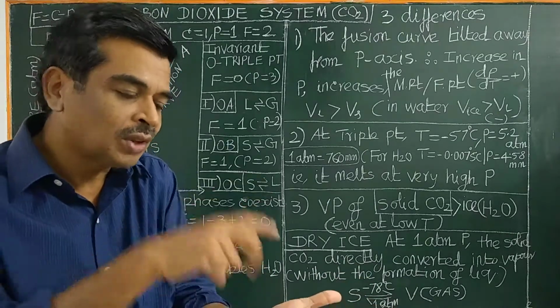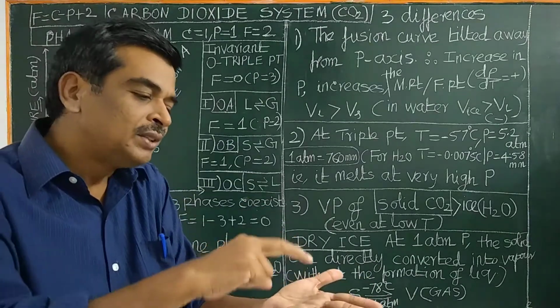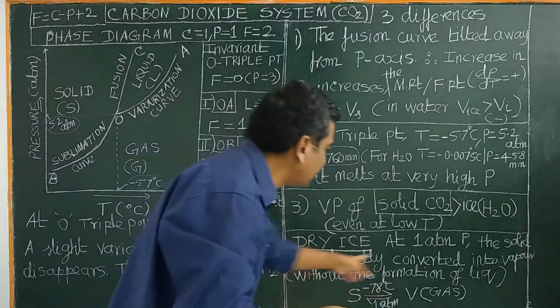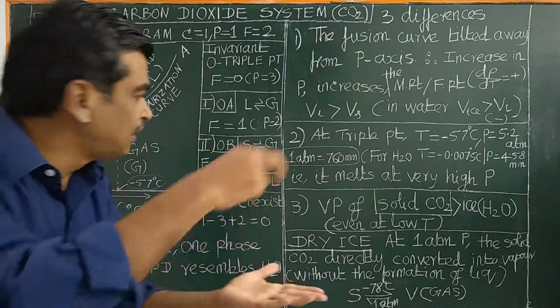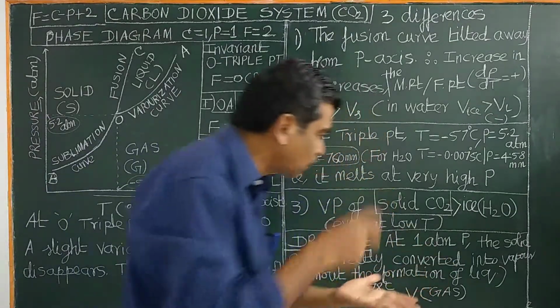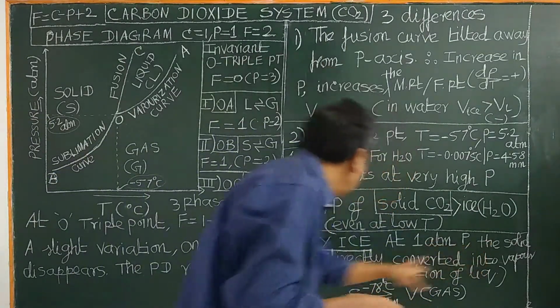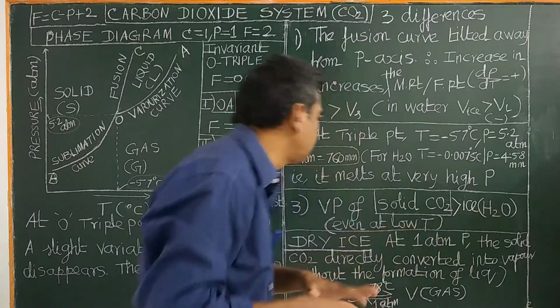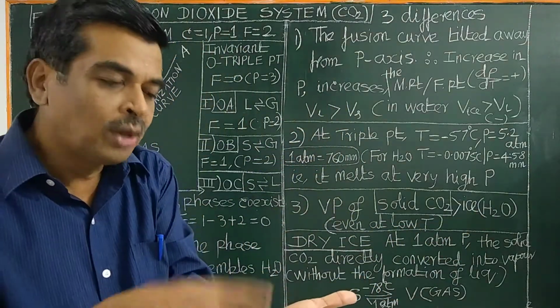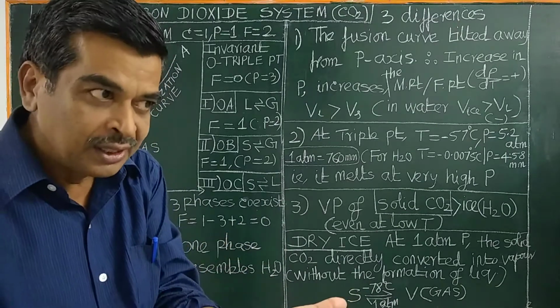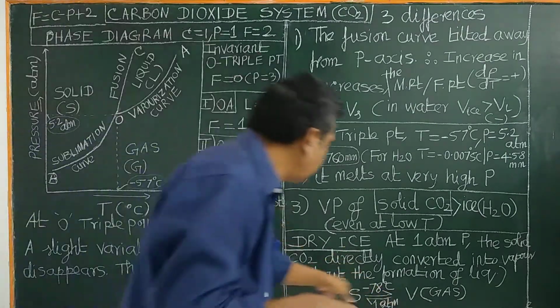Whereas solid carbon dioxide is directly converted into vapor. That is sublimation. At 1 atmospheric pressure and room temperature, solid CO2 is directly converted into vapor without the formation of liquid. Therefore, your hand won't be wet.